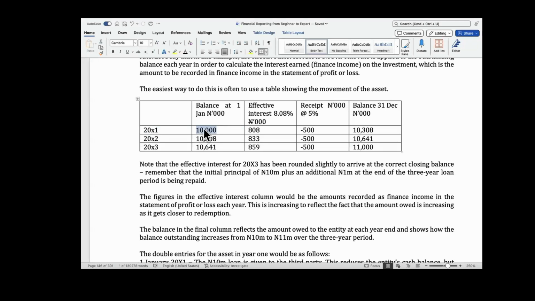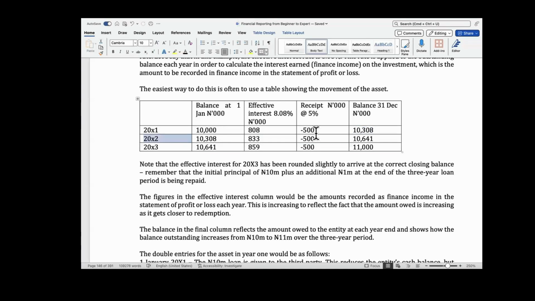So the balance in your financial asset account will be 10,308. I hope you're listening. It's like saying 10,000 plus 808 minus 500, 10,308. So you carry this 10,308 to the next year, that's 2002.